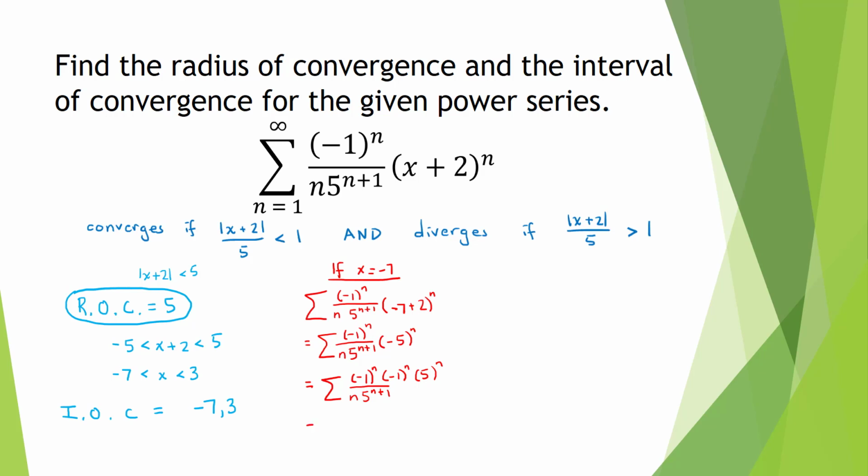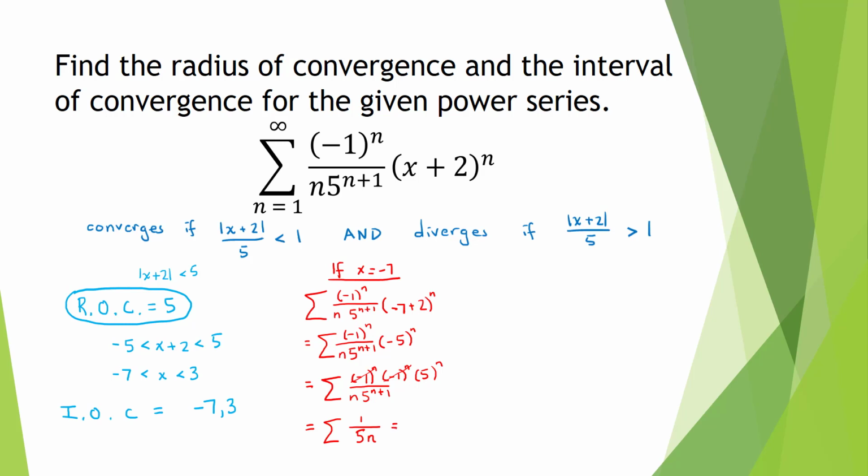Now when I multiply negative 1 to the n by negative 1 to the n, we would get negative 1 to the 2n. Because 2n is always even, we will always get positive 1. So we can ignore each factor of negative 1. And then we can cancel 5 to the n divided by 5 to the n plus 1 and get 1 over 5. Also, there is an n in the denominator.